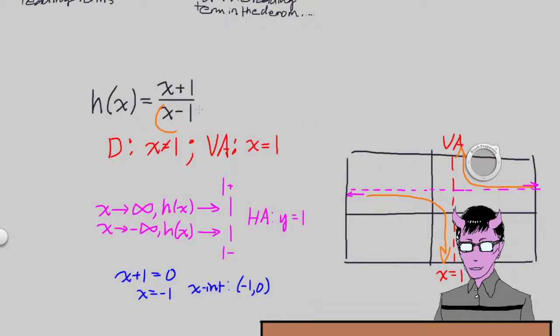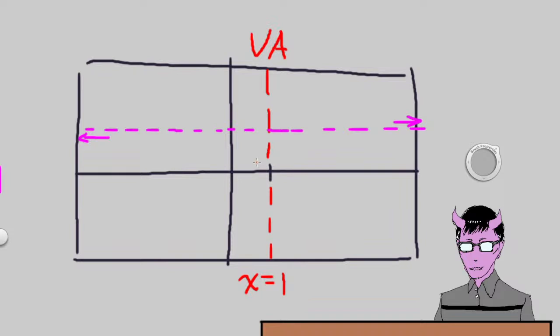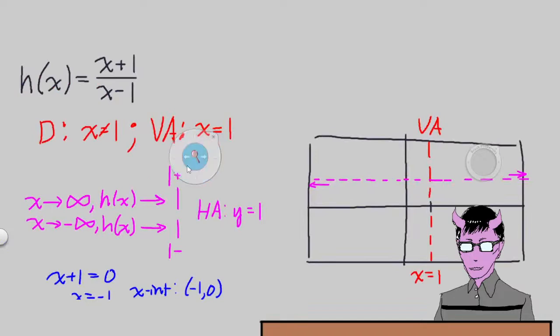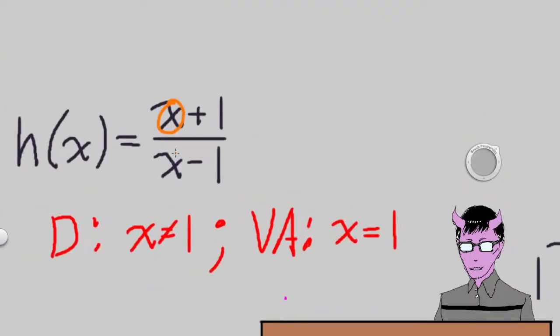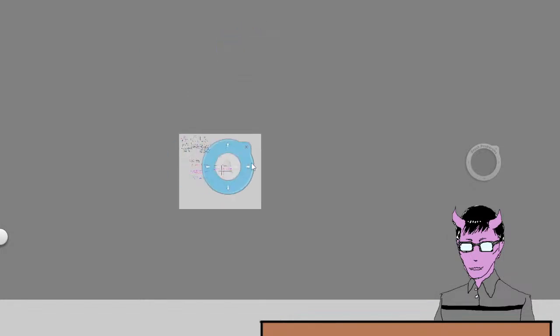Because we have multiplicity 1. But for slightly more robustness, we're going to plug in values one space away from this vertical asymptote. So we're going to plug in x equals 0, and we're going to plug in x equals positive 2, just to see what happens. So 0 first. If you plug in 0 here and 0 here as your input, then your output will be 1 over negative 1, which is negative 1. Silly me.